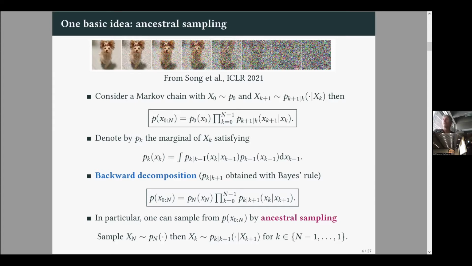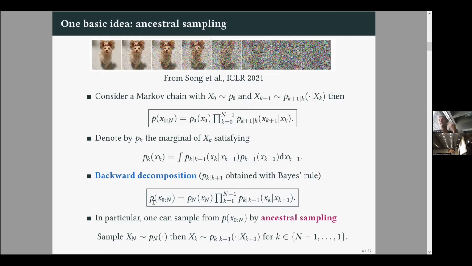But alternatively, you can use a backward decomposition of this joint density. You still have a Markov chain: if you look forward or backward, it is always a Markov chain.